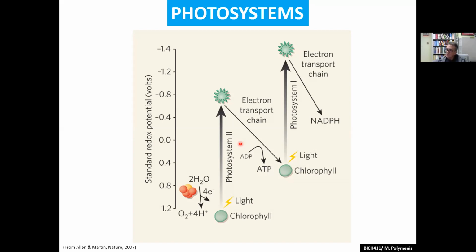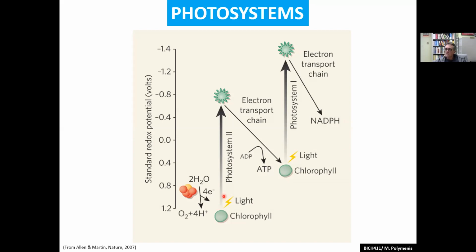So what's the take-home message? There are 2 different photosystems, and one of them splits water to make oxygen, and the other one actually reduces NADP+ to NADPH. Okay. So this is interesting, and it turns out every photosynthetic organism has photosystem 1, but only, let's say, green plants have a photosystem 2.